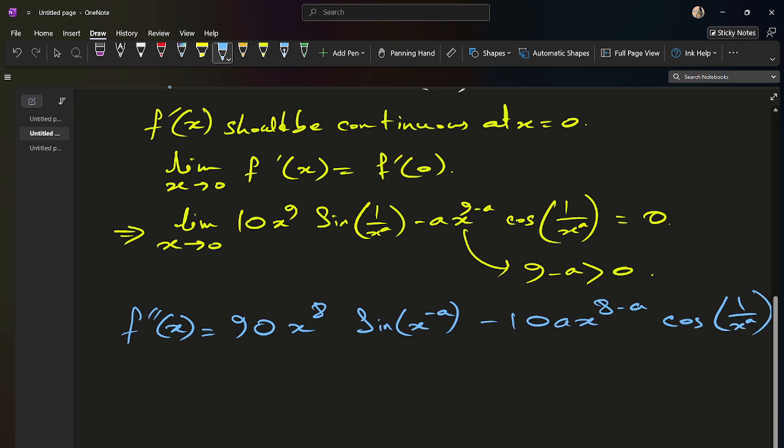After that we will get minus a into 9 minus a, x to the power 9 minus a minus 1, into cos of 1 by x to the power a.